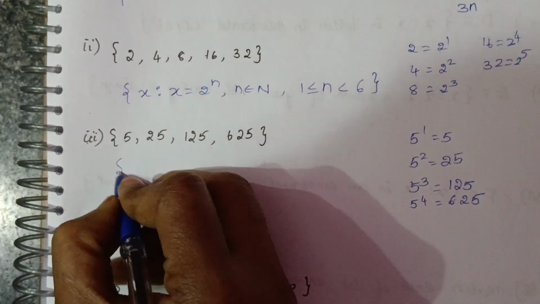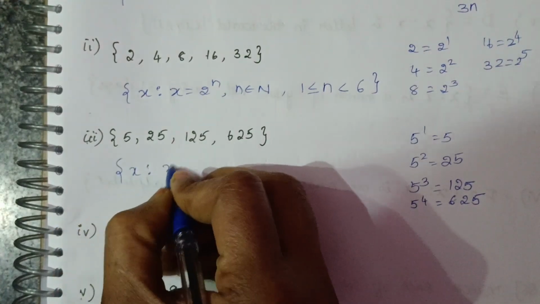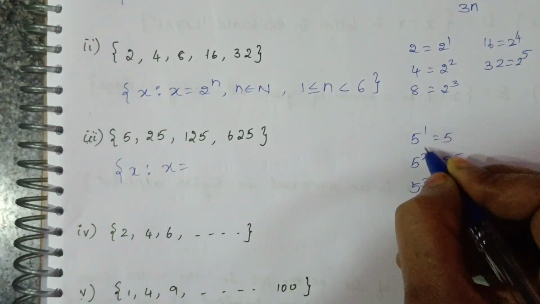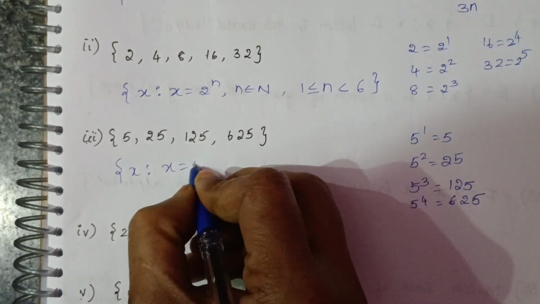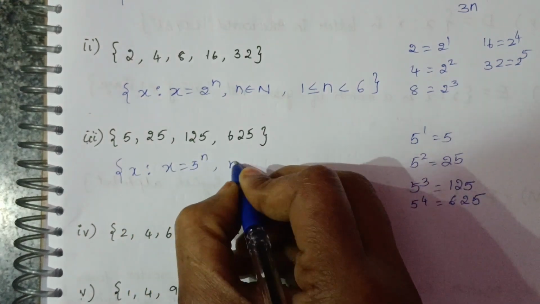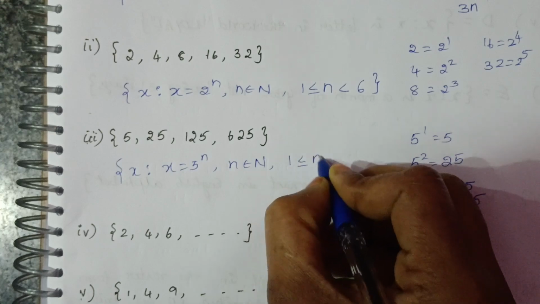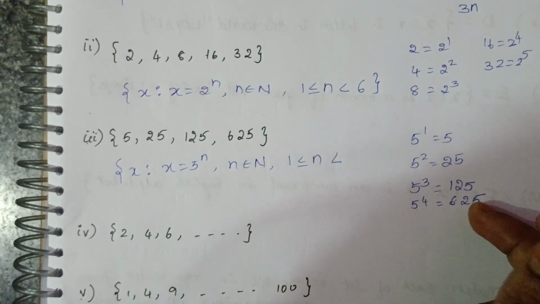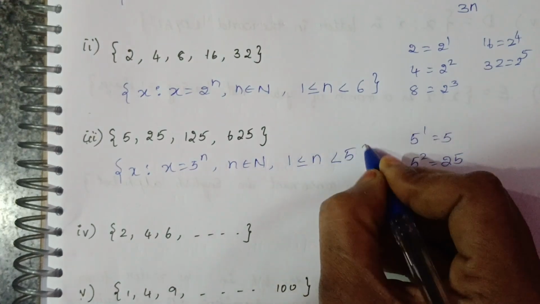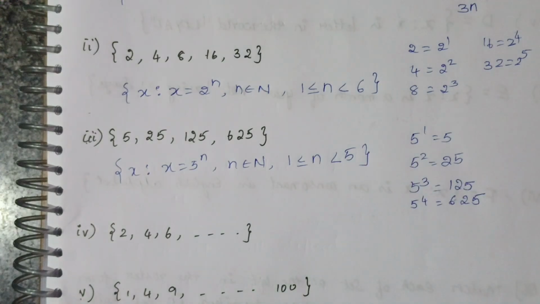Now this we can write as x such that x is equals to 5 to the power n. Here n belongs to natural numbers. 1 is less than or equals to n and n less than 5, since up to 4 is there.